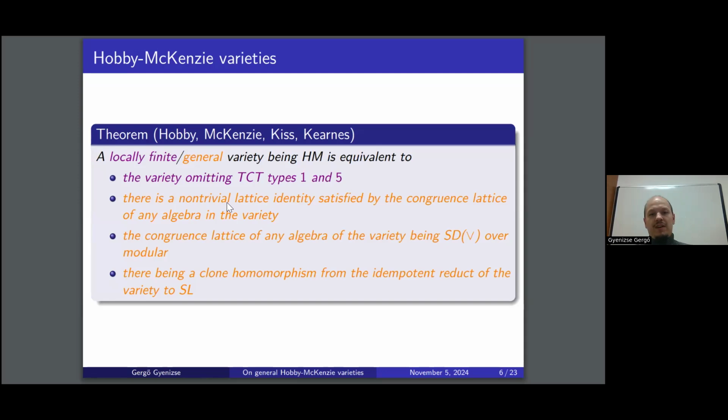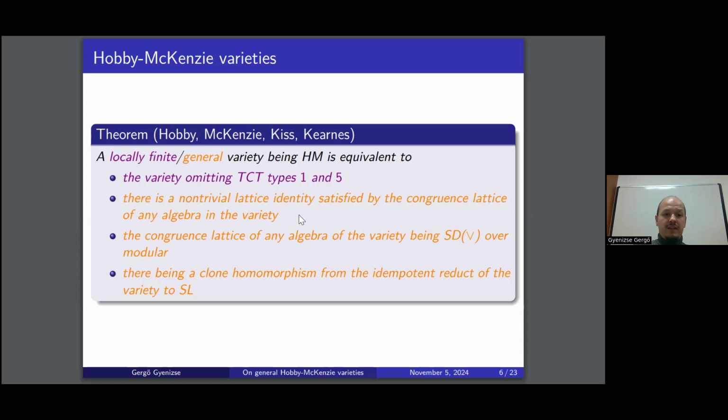This is the omitting 1 and 5 class. So that means this is a little less than congruence modular, because congruence modular is omitting 1 and 5 and no tail, and here we can have tails. It's also less than congruence join semi-distributive, because that's omitting 1, 2, and 5. This is only for locally finite, and there are some that are general.